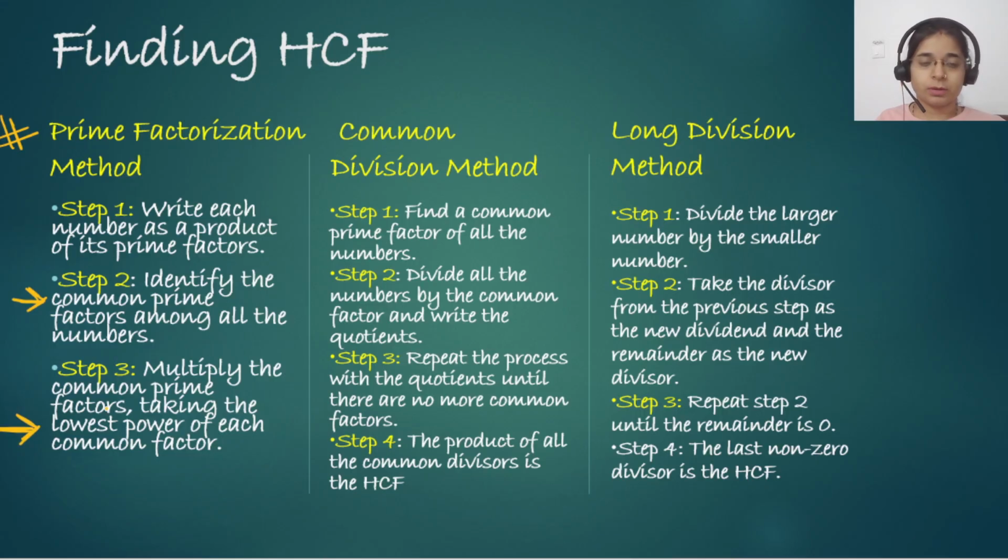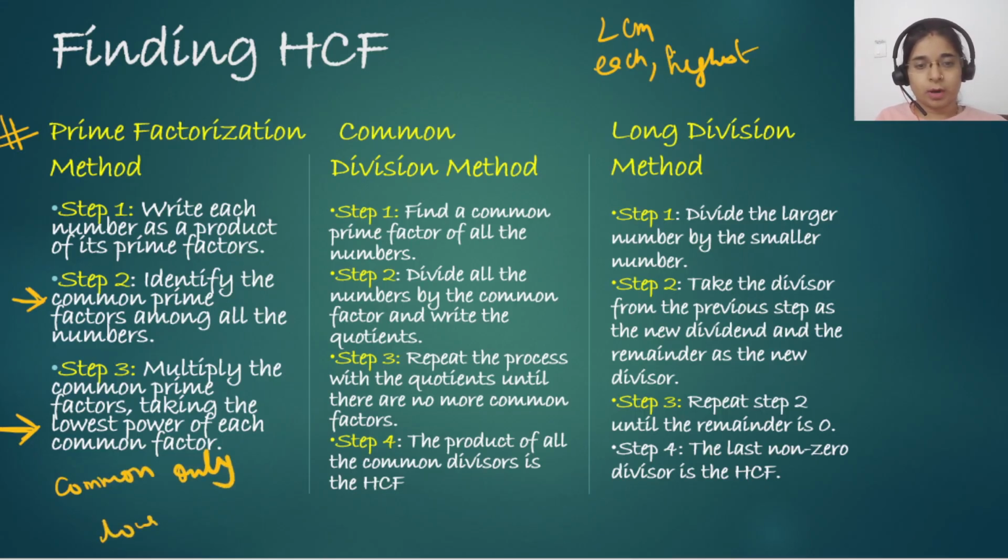This is the difference between the HCF and LCM. In LCM we take each prime factor with its highest power, but in HCF we take only the common factors with their lowest powers.